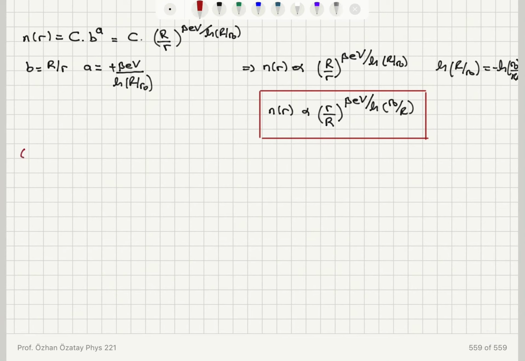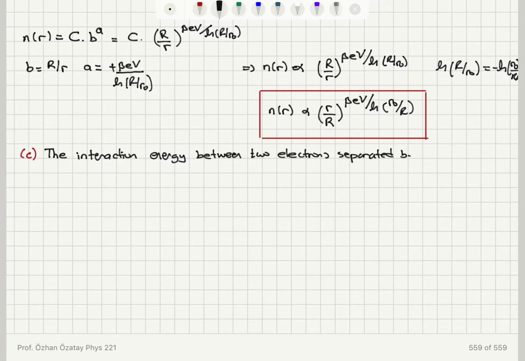Now, to answer this question, I want to know what is the interaction energy. Well, the interaction energy between two electrons separated by a distance r is the potential energy, Coulomb's constant, K e squared divided by r.